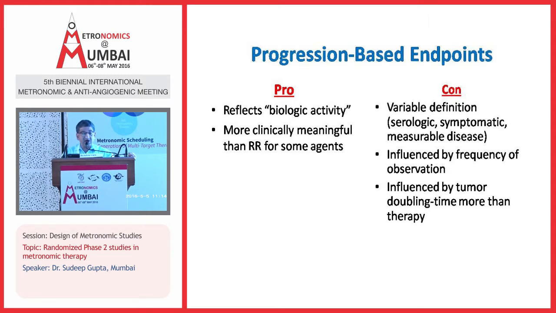It reflects biological activity and is more clinically meaningful than response rate, for example for treatments such as metronomic. But the biggest problem is that, first of all, progression is defined variably by CA125, by CT scan, by PET scan, by MRI, and all of that will change the actual estimate of the progression free survival, and it is significantly influenced by the frequency of observation.